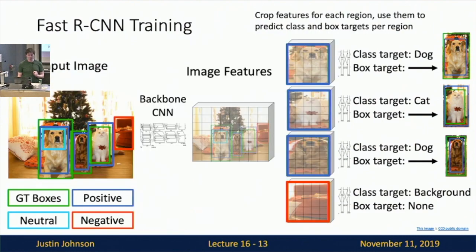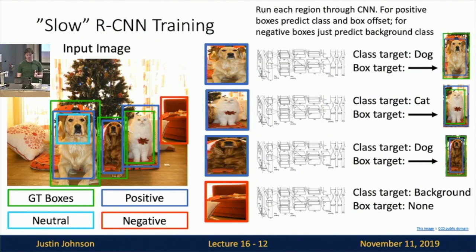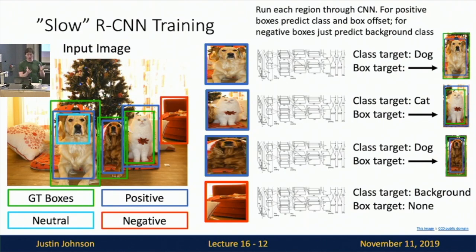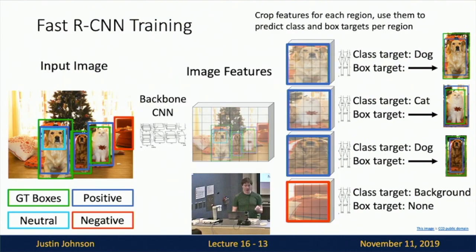Okay, so the story here for Fast RCNN training is basically exactly the same. As you remember, the main difference between Slow RCNN and Fast RCNN is that we swap the order of feature extraction and cropping. With Slow RCNN, we were cropping independently the pixels from each region proposal, whereas in Fast RCNN, we run the entire input image through the backbone CNN and get these whole high-resolution image features.